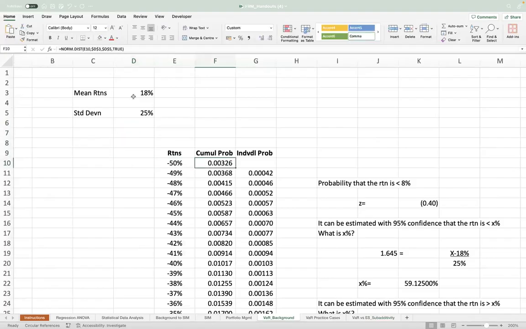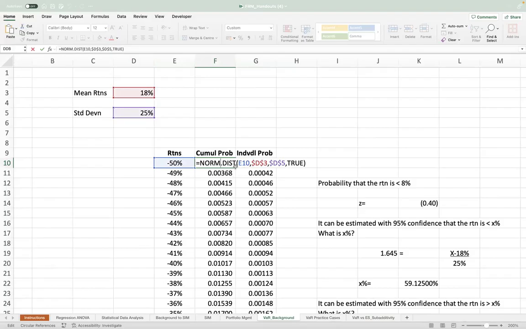What I did was I used the normal distribution function. Can you see this function? Normal distribution for every return using this as the mean and this is the standard deviation. I created the cumulative probabilities.